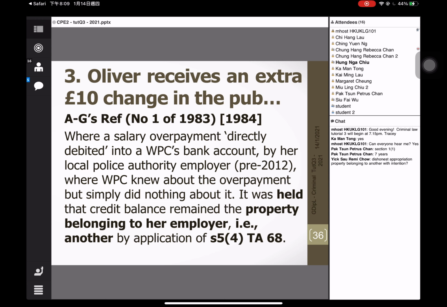And on one occasion, she was given a significant overpayment, and she knew about the overpayment, but she didn't do anything about it. She didn't actually spend the money. So here, ultimately, it was held that the credit balance in her bank account remained the property belonging to her employer. So the property would be deemed to belong to another, so they still retained an interest in the property.